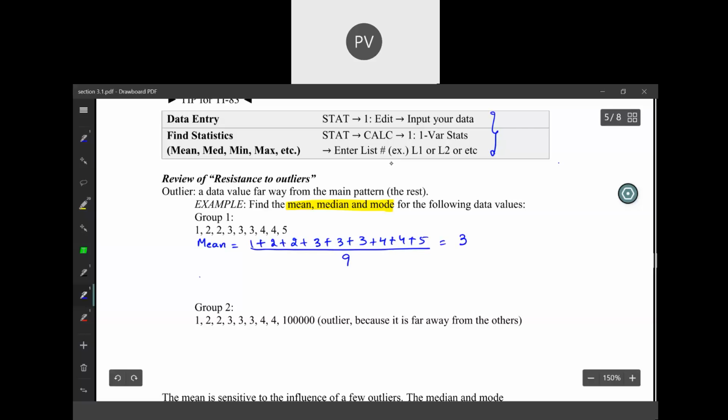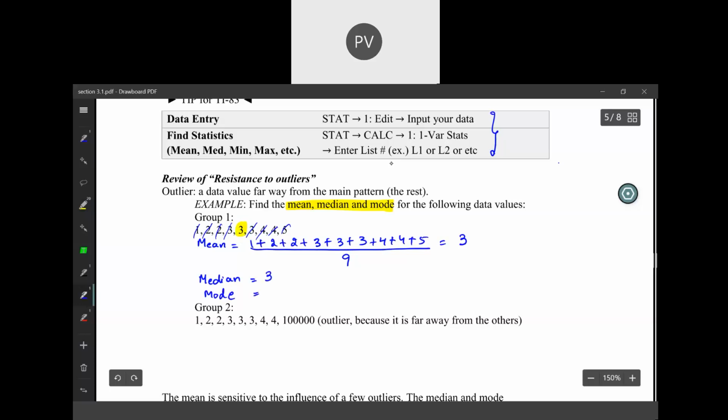Now let's see median. Median is the middle number. Here as you can see it is 1, 2, 3. 3 is the middle number, so the median is 3. Next is mode.